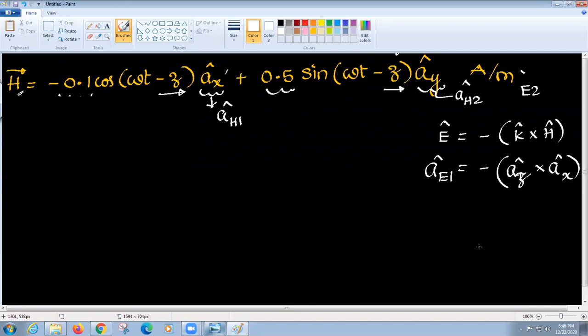Now compare with the right hand rule for XYZ: X cross Y is positive Z, Y cross Z is positive X, similarly Z cross X is positive Y. But wait a minute. Here I have negative 0.1 cos omega t minus Z AX roof.